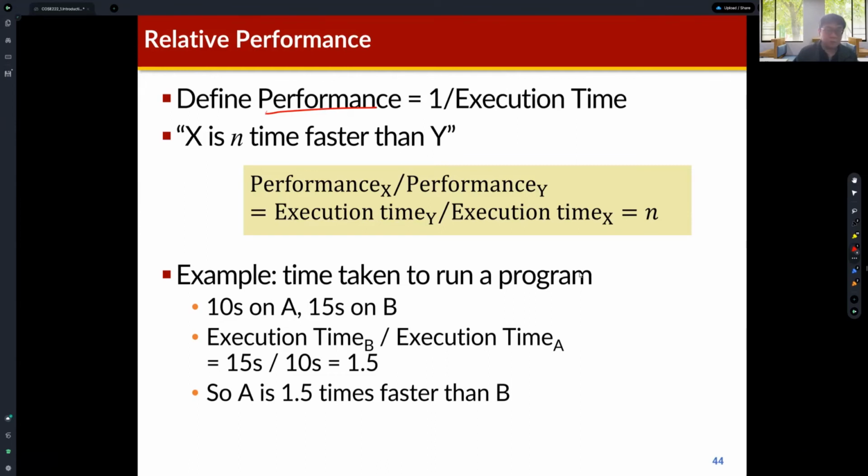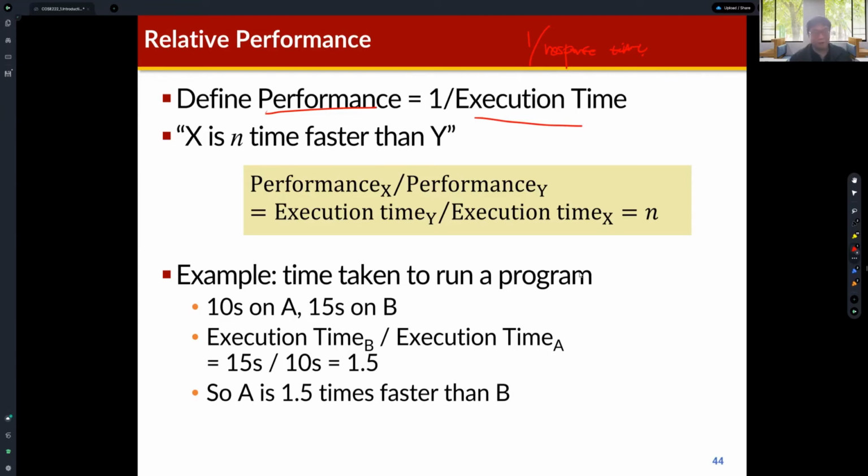The definition of performance is 1 over execution time. That means the performance is inversely proportional to the execution time, like latency, 1 over response time. It's just the definition, okay?